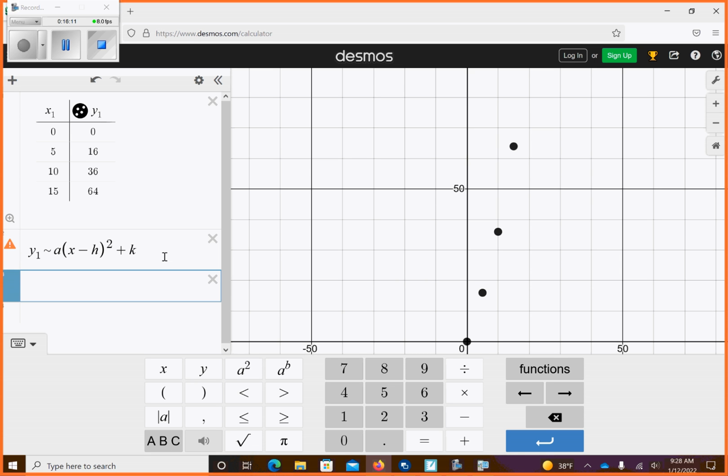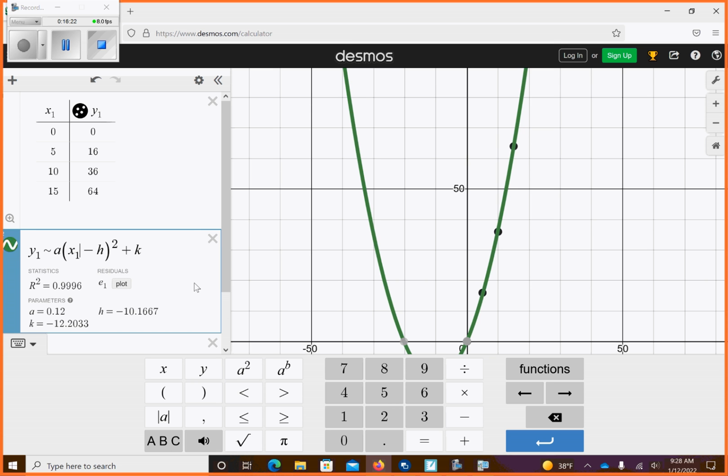Oh, it's not going to do it. All right. Oh, that's what the problem is. x sub 1. There we go. Okay. So this is the standard form of a parabola.